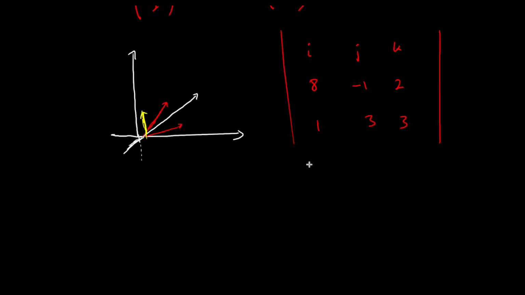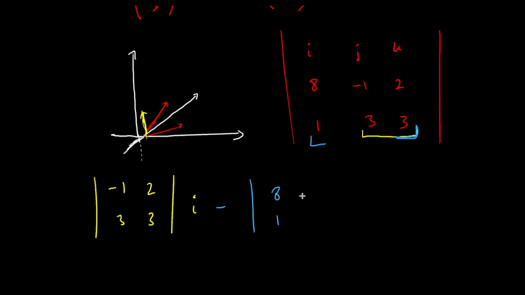Alright, so now I can compute my cross product. This is my i, the determinant of this makes up the i component. The determinant of this matrix, 8, 1, 2, 3, makes up the j component. And then this makes up my k component.